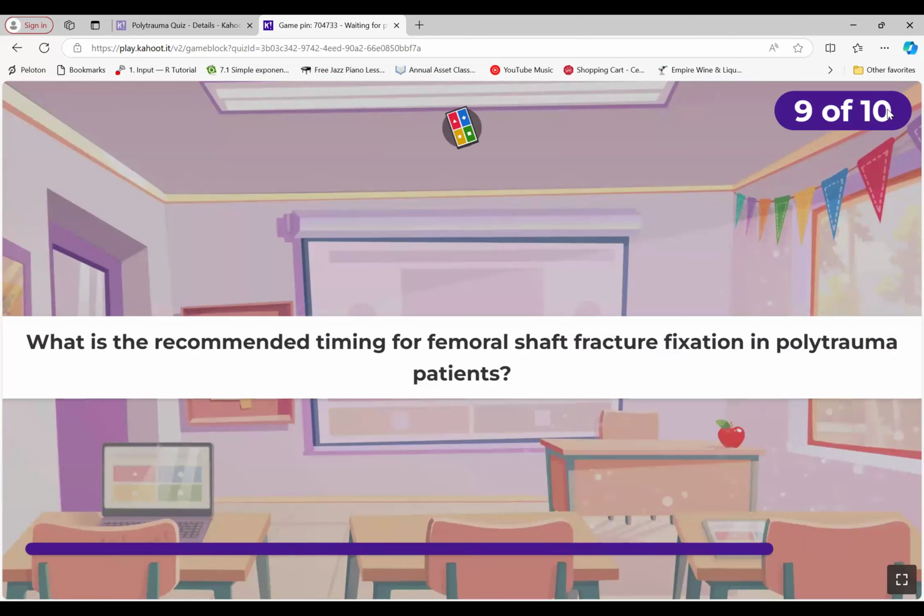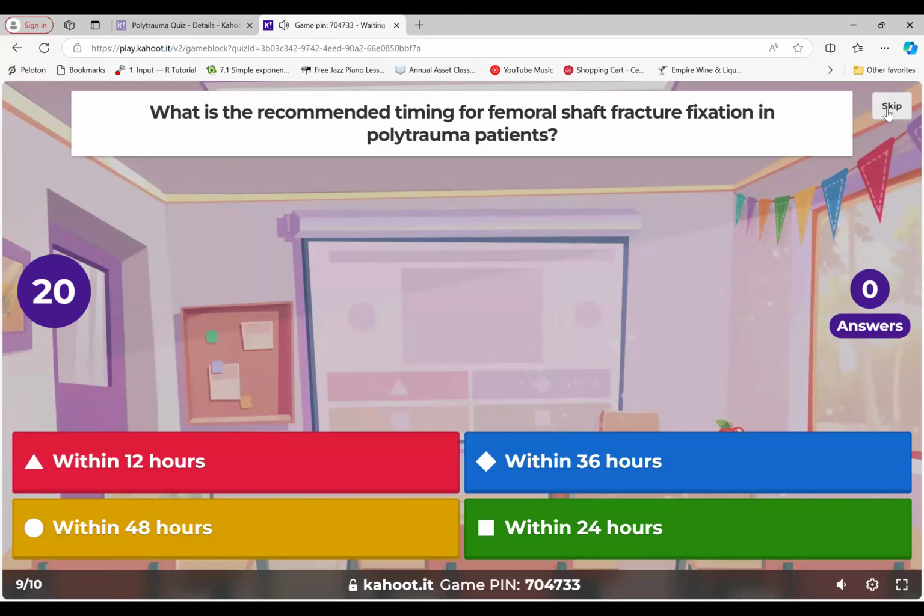What is the recommended timing for shaft fracture fixation in polytrauma patients? Is it within 12 hours, 48 hours, 36 hours, 24 hours?